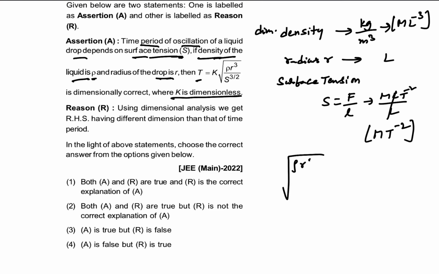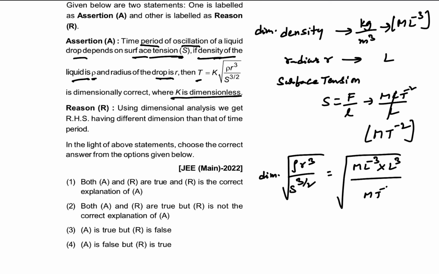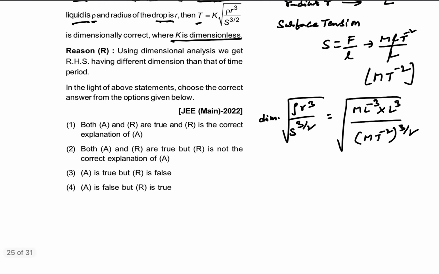You check that under root of rho r cube divided by S to the power of 3 by 2. The dimension of this I am writing now. Density is M L power minus 3 and L cube, whole divided by the surface tension M T power minus 2, whole to the power of 3 by 2. If you check this, L power minus 3 and plus 3 get cancelled.